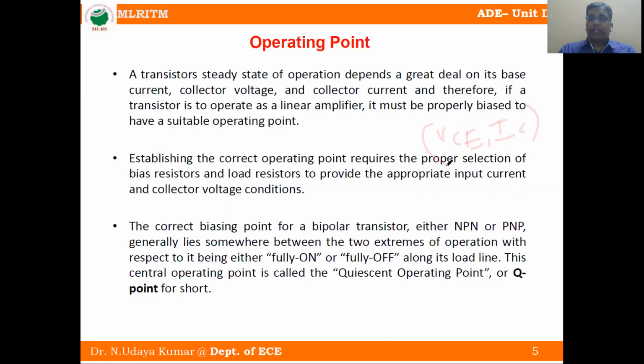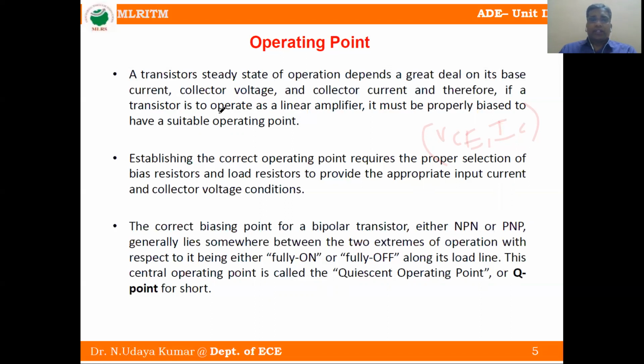We have to maintain the collector emitter voltage at a proper level by using battery voltage. A transistor's steady state of operation depends a great deal on its base current, collector voltage and collector current.